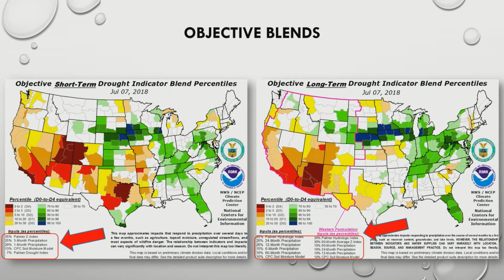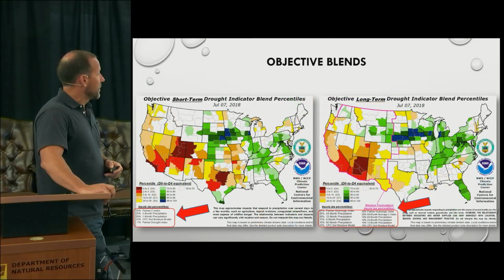Short-term is on the left and long-term on the right, and you can see a lot of 0 to 2 percentile D4 in Utah right now. Those are the configurations on the bottom left of the data that goes in to produce those.